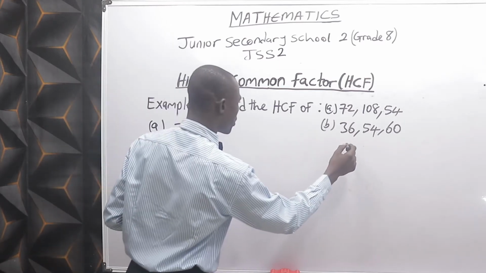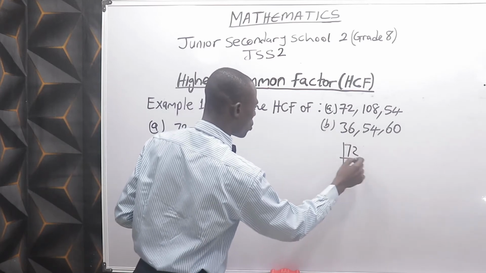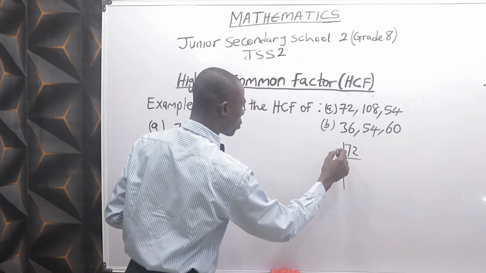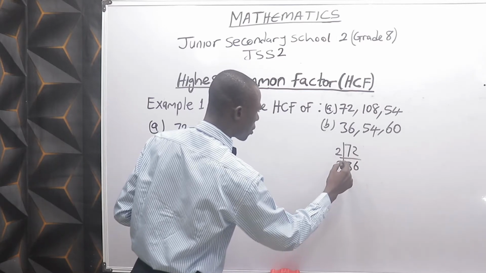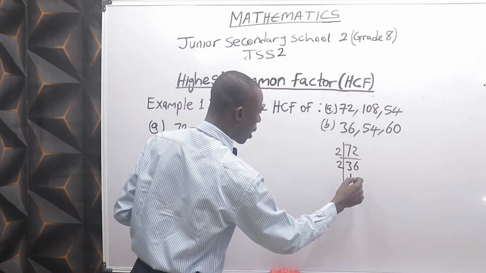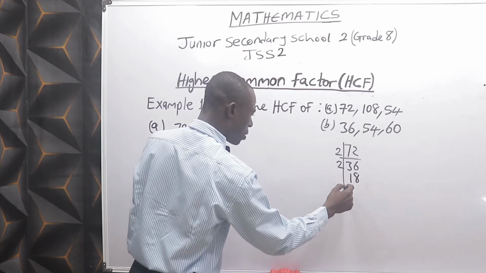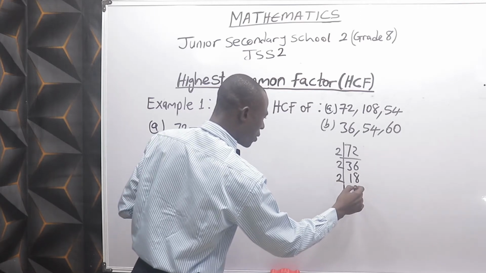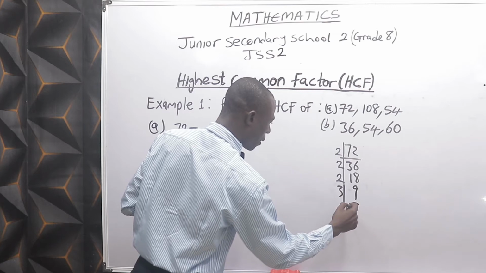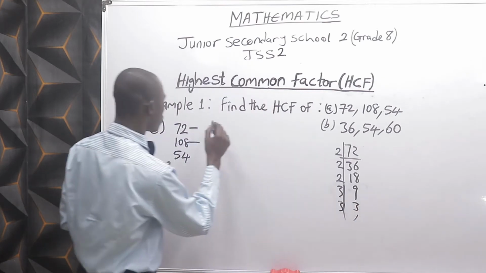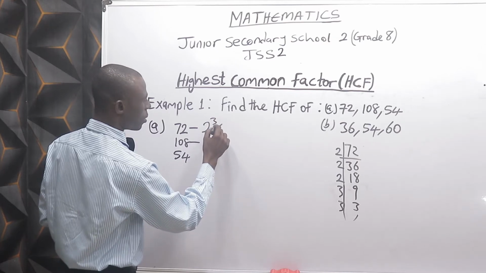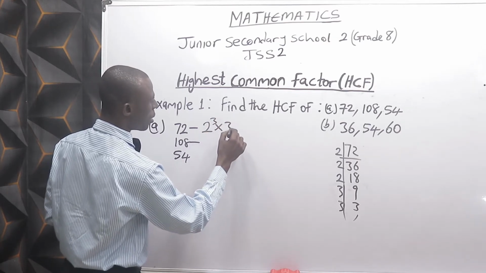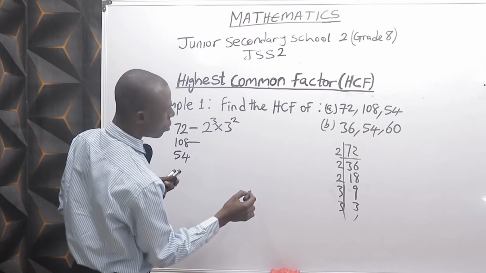We express 72 as a product of prime factors. 2 goes here, 36, 18, 9, 3, 3, 1. So this is 2 raised to power 3 times 3 raised to power 2.